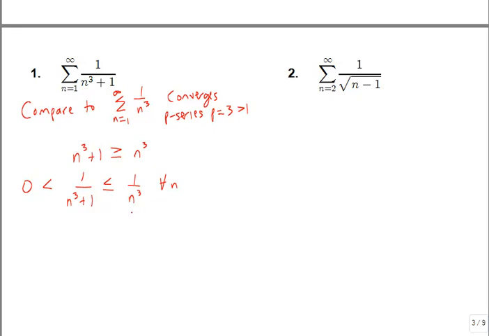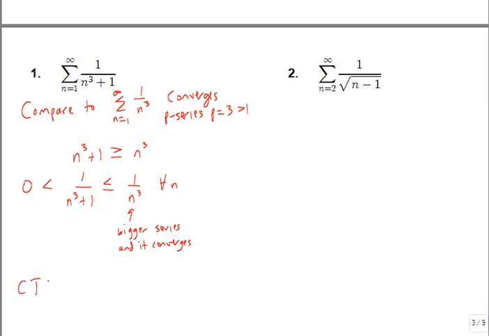And now we've just shown, and this is all we need to show for the comparison test, that the 1 over n cubed is now the bigger series because it's greater than the other one, and it converges because it was a p-series. So if your bigger series converges, then that forces the smaller series to converge as well.